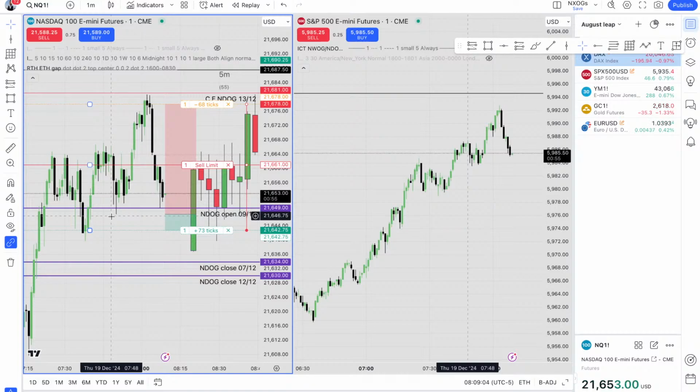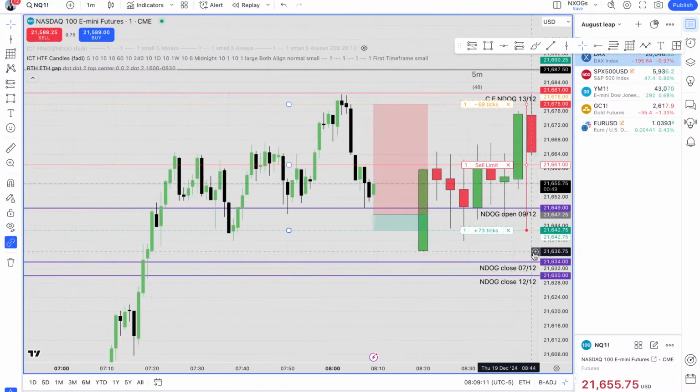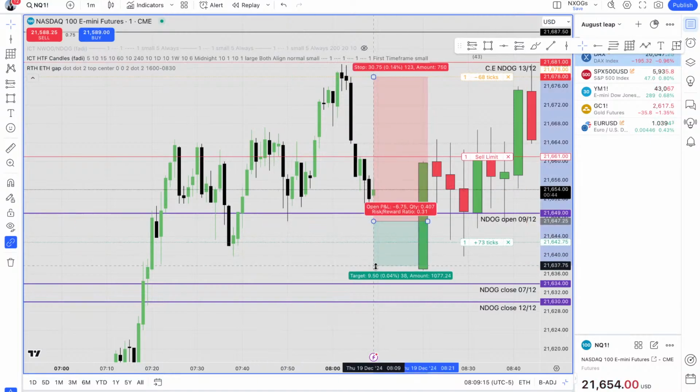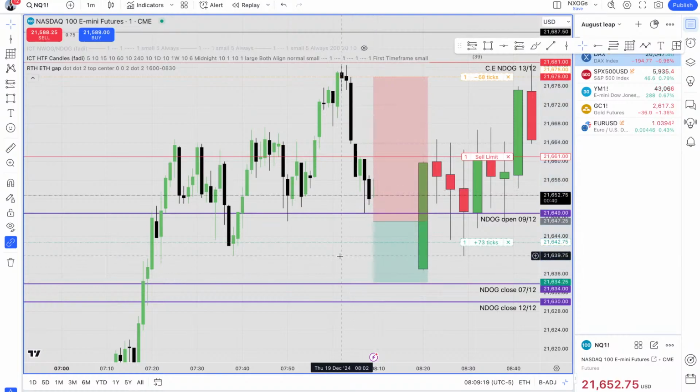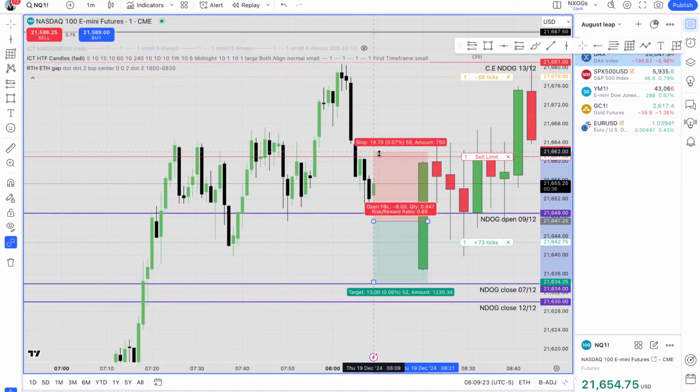No, still. I needed to close below this. I need to close below this, and I will be targeting here, and I will change my stop loss above this bearish order block.